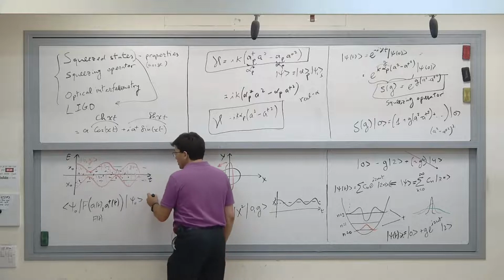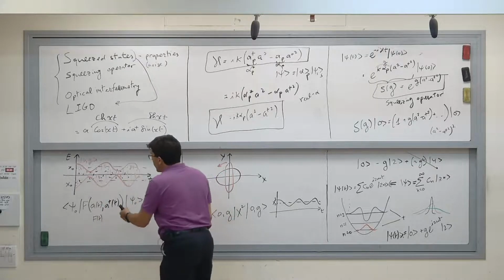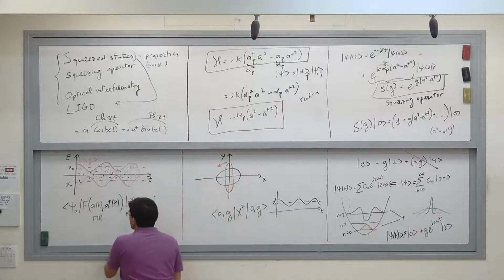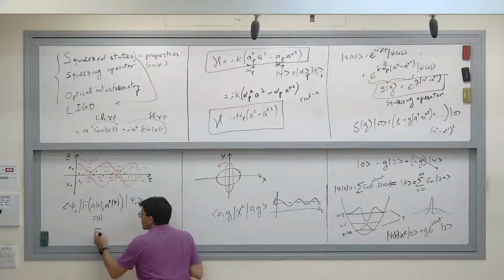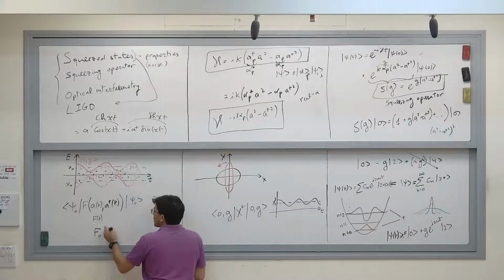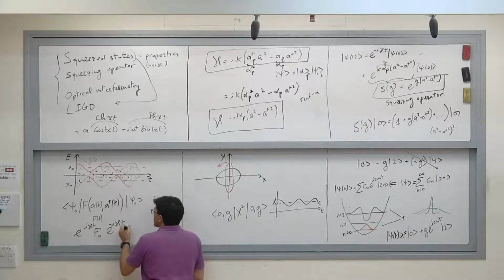Or I can do the same, but we know how f evolves. This equals f0 times e to the iHt, e to the minus iHt.